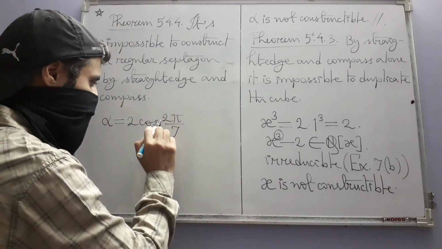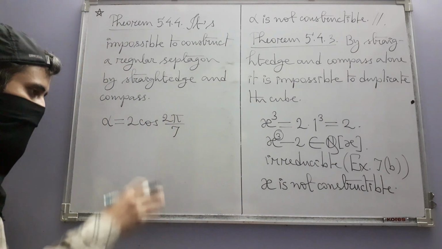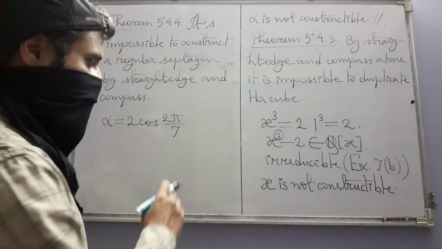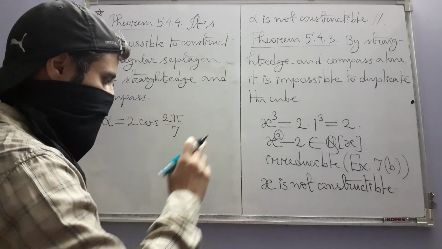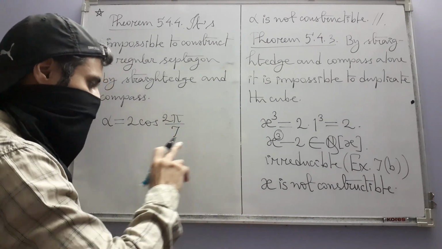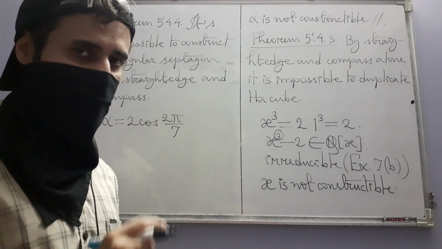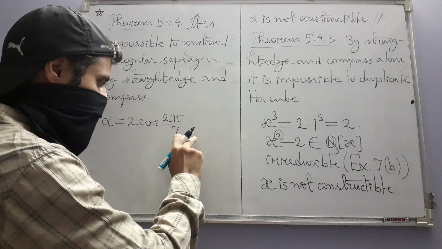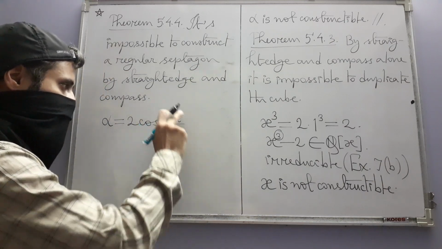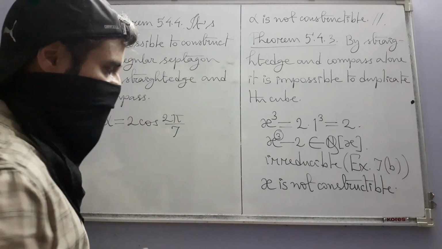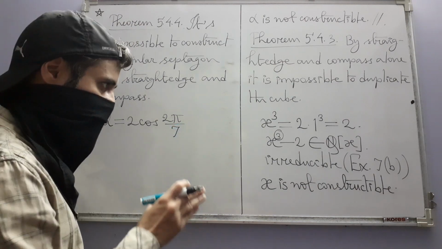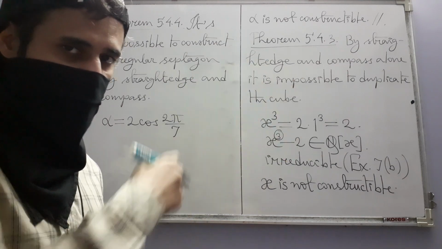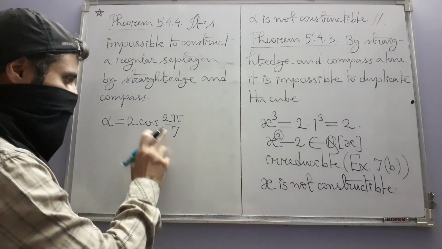Actually, it's all about this angle 2 pi over 7. I mean, if you think about it, the full angle is 2 pi, right? And if you have 7 sides and from the vertices you draw internal lines, they will all meet at the central point. So those central angles, each one of them will be 2 pi over 7. If you are able to construct any of those angles, then automatically you will be able to construct the entire thing, but that is not possible.